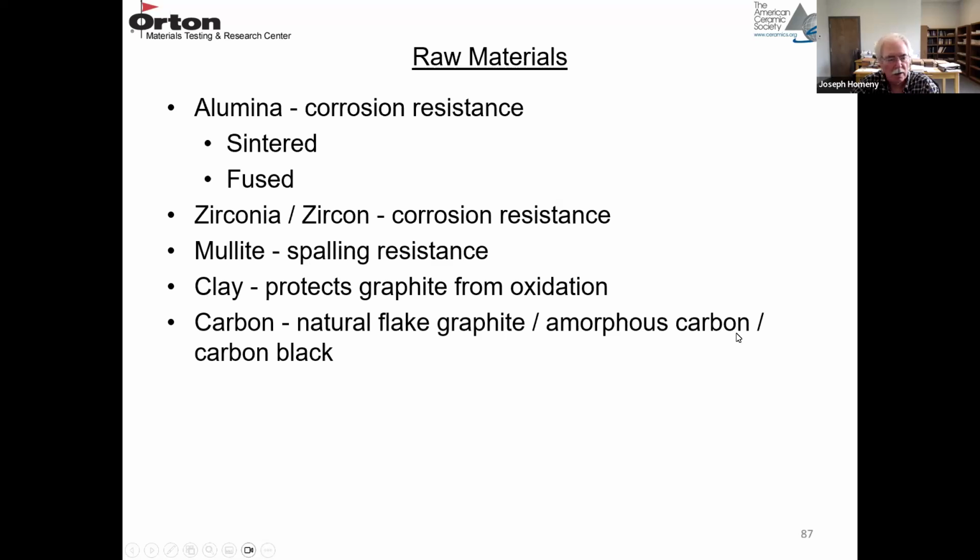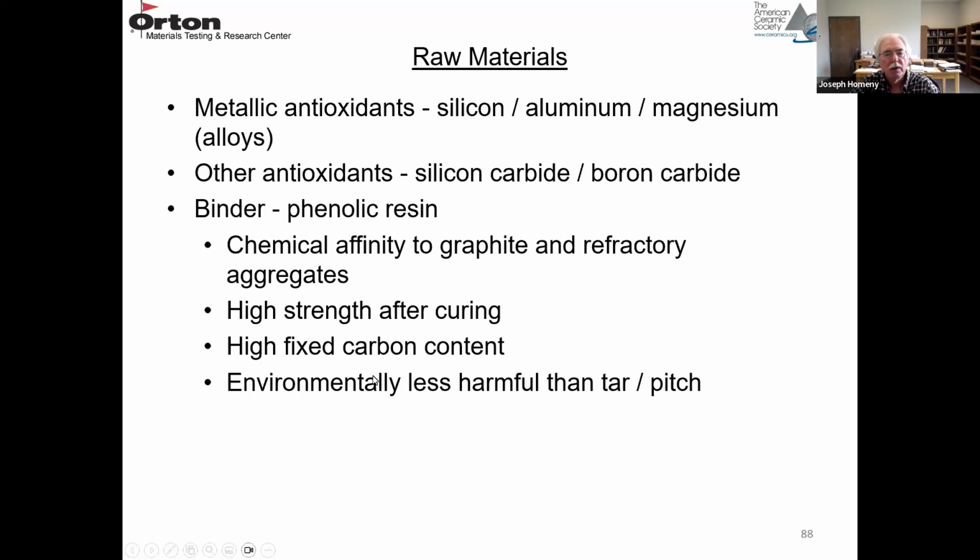It could be an amorphous carbon. It could even be carbon black. So the alumina carbon composites could have multiple other components. And of course, you have to have the metal antioxidation agents, silicon, aluminum, and magnesium. Also, sometimes silicon carbide and boron carbide are added, and the binder is always going to be a phenolic resin.